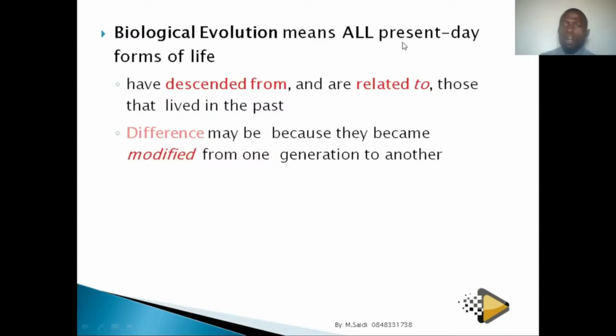So we are saying that all present day forms of life have descended from, it means that they came from and are related to those that lived in the past. You are present because of your father. Your father is present because of the grandmothers and grandfathers.